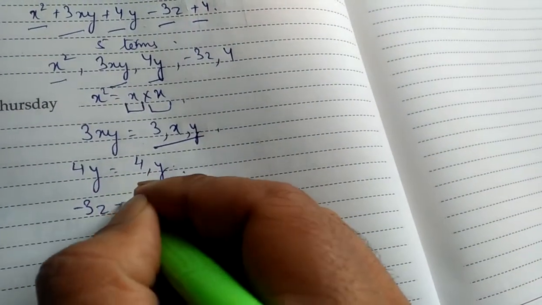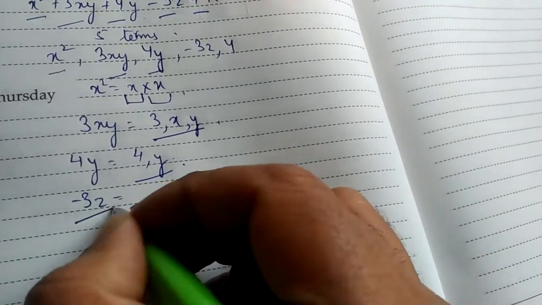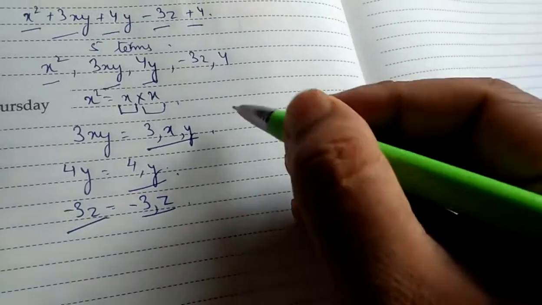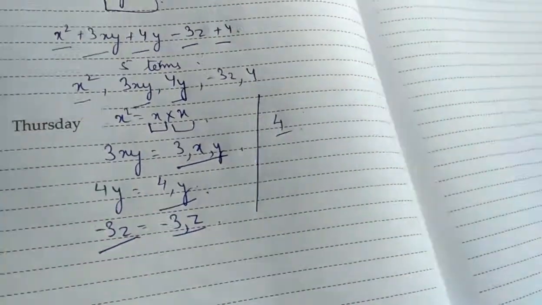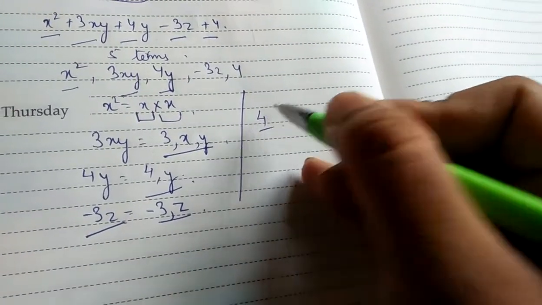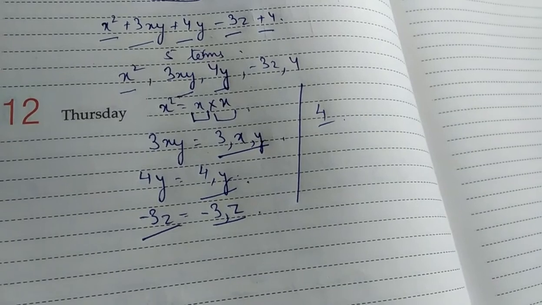Minus 3z is a term which has 2 factors, which are minus 3 and z. 4 is a constant in itself, so this is also a term, with 4 as the factor.